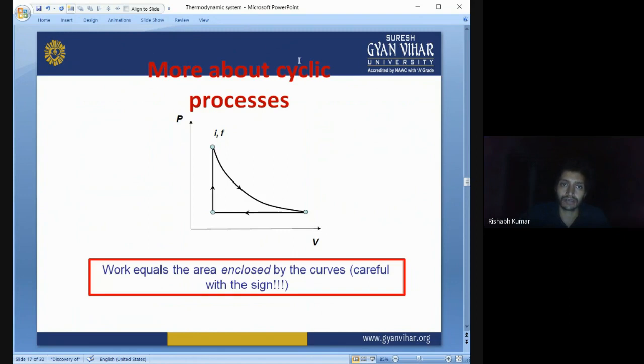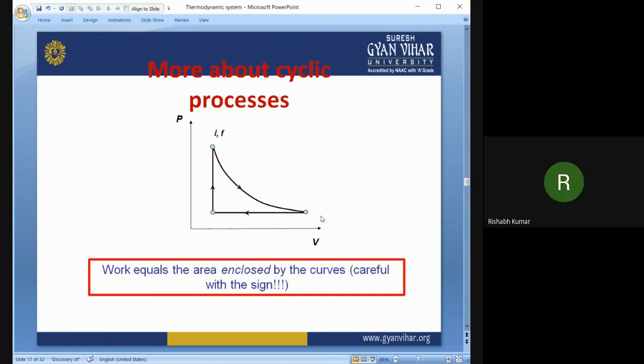Right? And in case of your cyclic process, what happens? What is work done? How to find out the work done in a PV diagram has already been told.